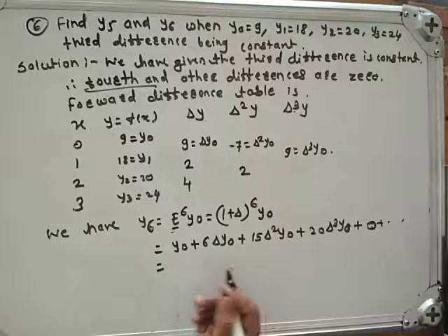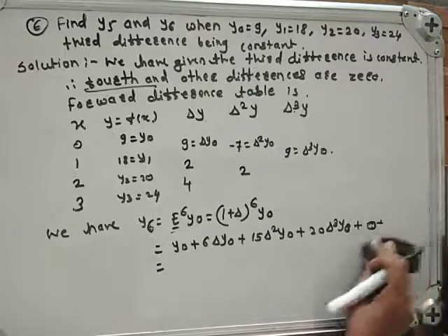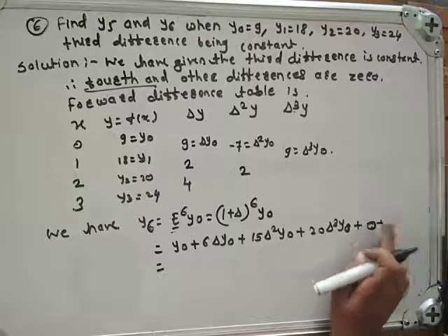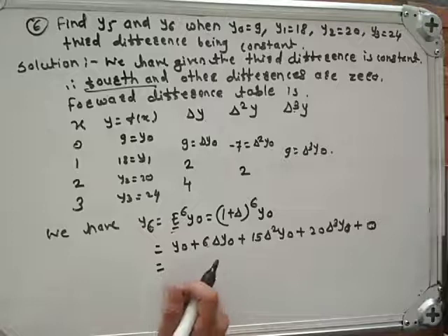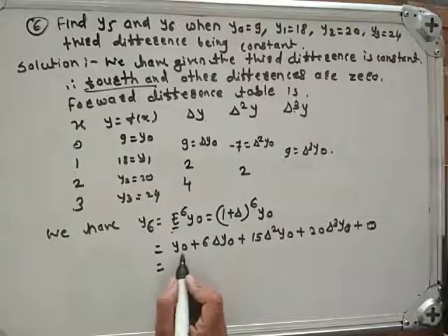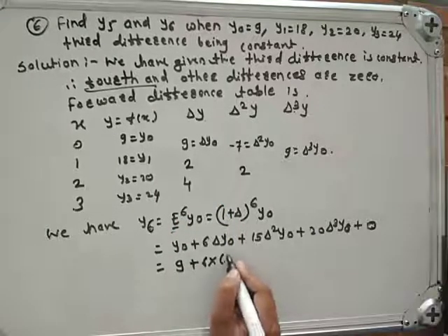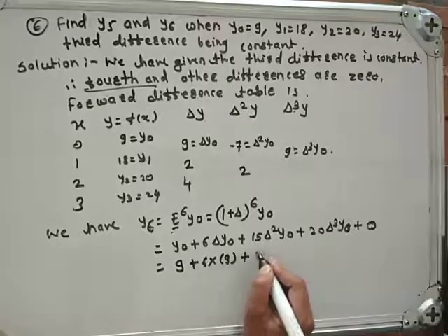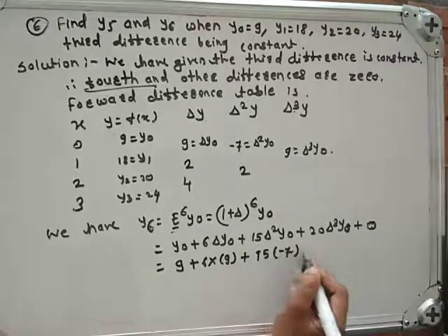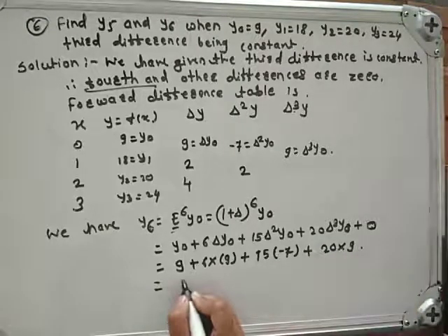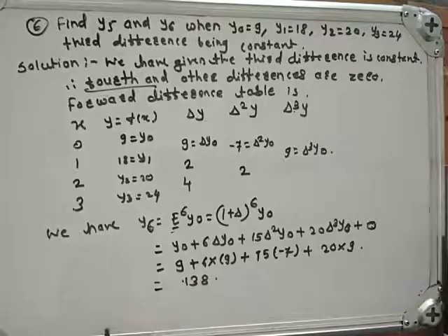Here, delta raised to 4 of y0 is 0, delta raised to 5 of y0 is 0 and delta raised to 6 of y0 is also 0. Okay, put the values: y0 is 9 plus 6 into delta y0 is 9 plus 15 into minus 7 plus 20 into 9. After simplifying this, we get 138. This is the value of y6.